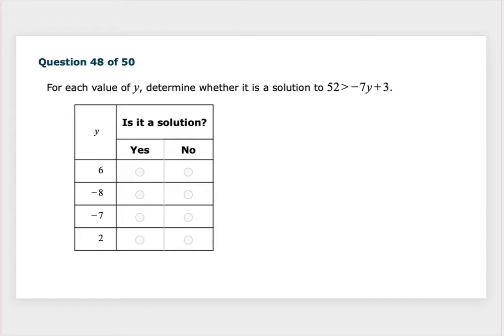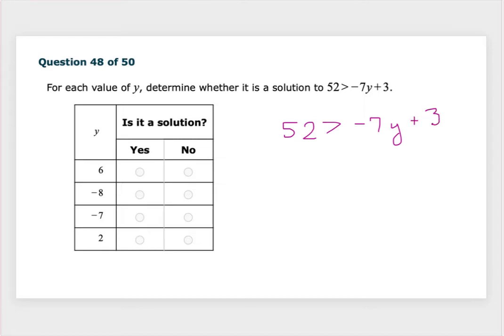For each value of y, determine whether it is a solution to 52 is greater than negative 7y plus 3. Okay, so 52 is greater than negative 7y plus 3.